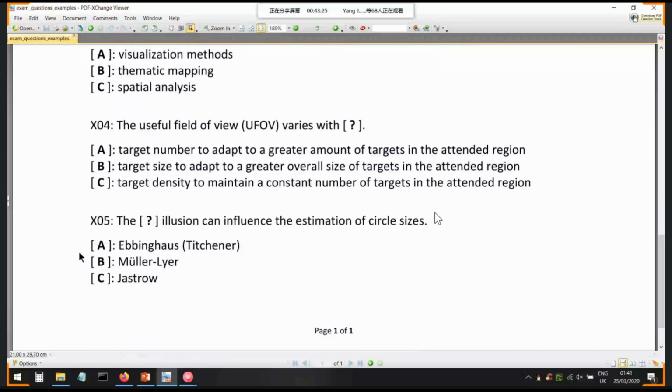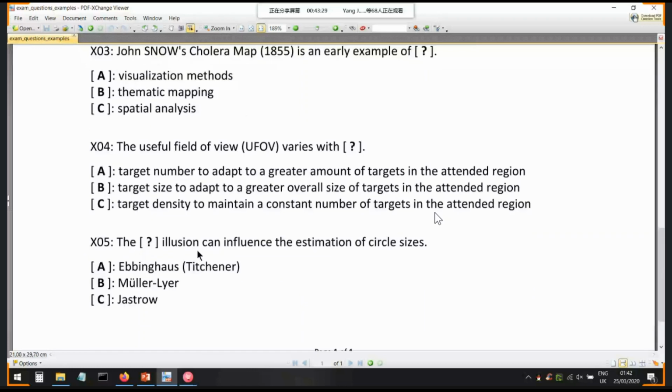And the last example: the illusion can influence the estimation of circle sizes. Is it the Ebbinghaus-Titchener illusion, the Müller-Lyer illusion, or the Jastrow illusion? You should know about these different kinds of illusions and their names.